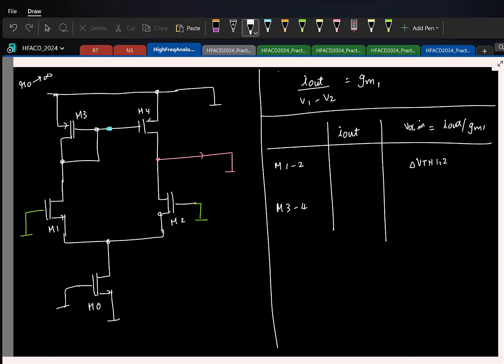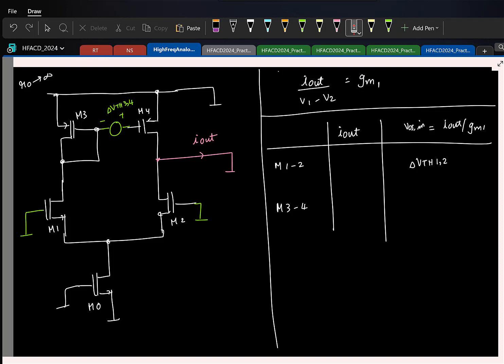Now let's look at the contribution due to M3, M4. So once again, first let's try to find the short circuit current. To model the mismatch in threshold, we'll again assume that the transistors are matched, but I have a hypothetical voltage source here. Again, these are all small signals because the mismatch is going to be small.